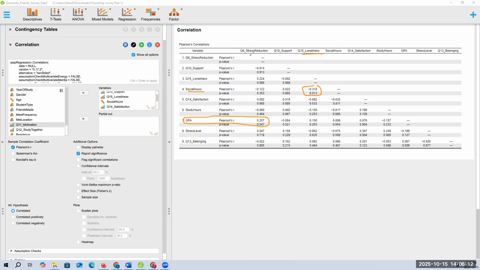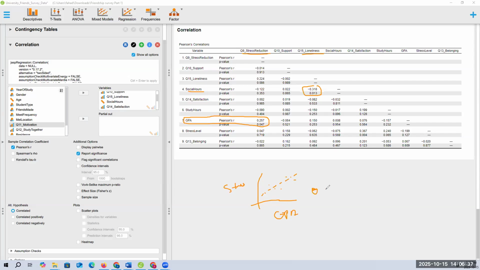So these are two interesting factors. So GPA and stress reduction. So you have GPA and then we have stress reduction. It looks like these dots show, I guess, a weak positive relationship.